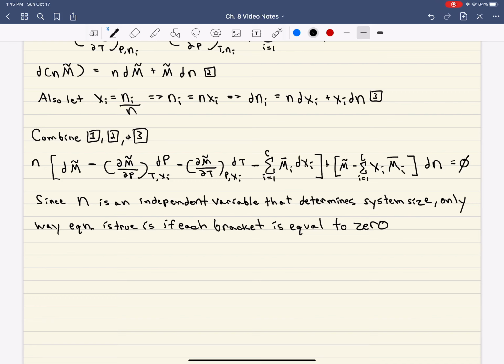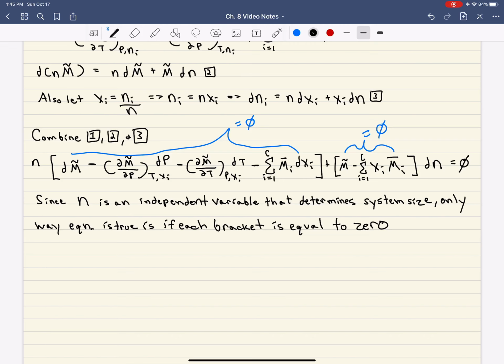Okay? Alright, so that just means that this part has to be equal to 0, and then separately, this part has to be equal to 0. All right.